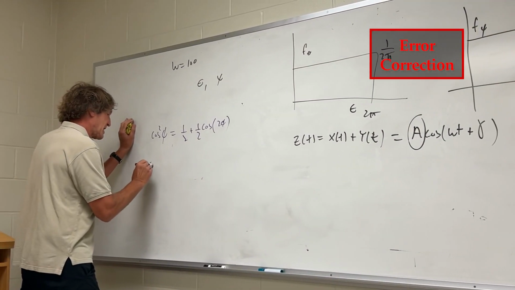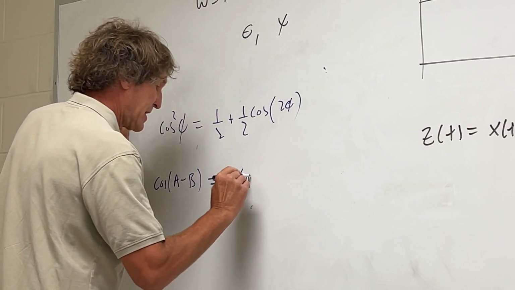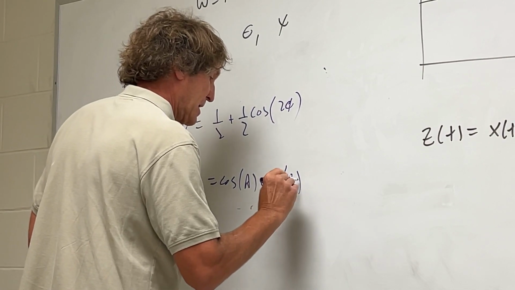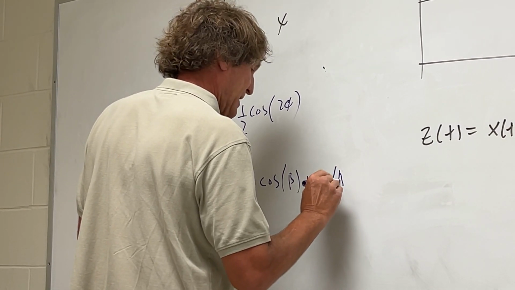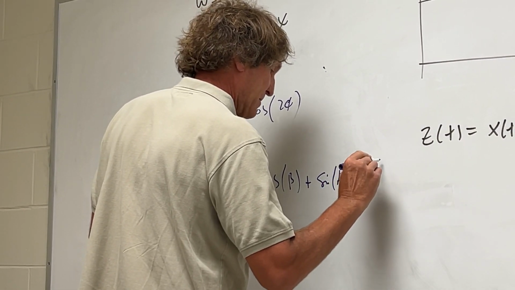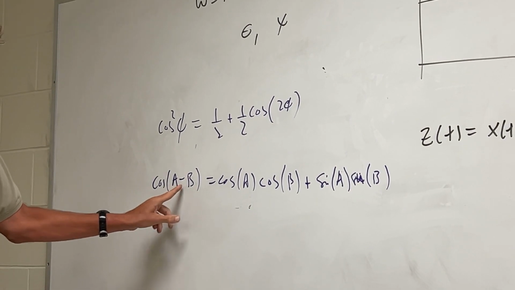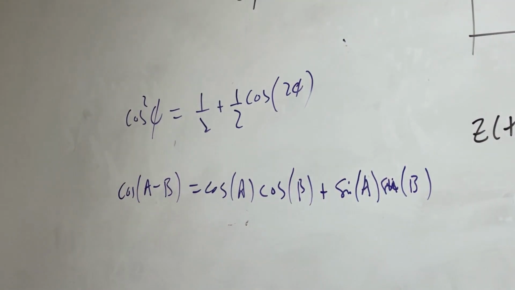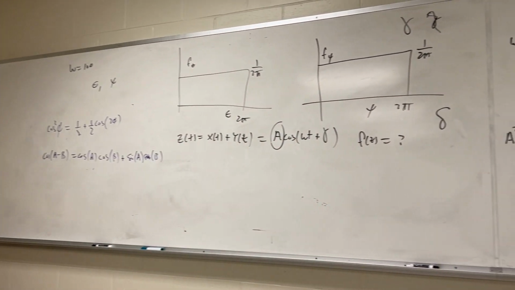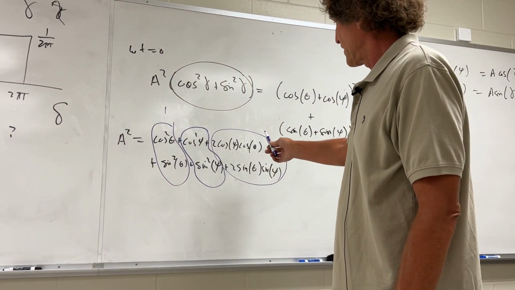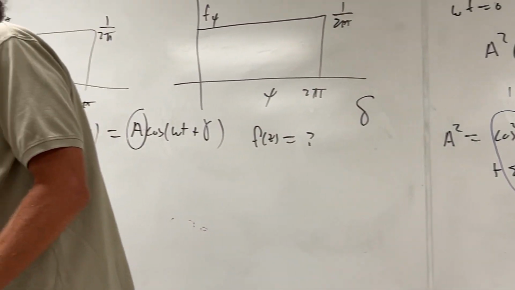If you have cosine of A minus B, that's cosine of A, cosine of B, and because it's a minus, it would be plus sine of A, sine of B. Do y'all remember that one? At least this is an expansion. If this was a plus, this would be a minus. Sorry, I got ahead of myself on this one. These two terms really, if you look at that, I have 2 times that, so I have 2 times cosine of A minus B.